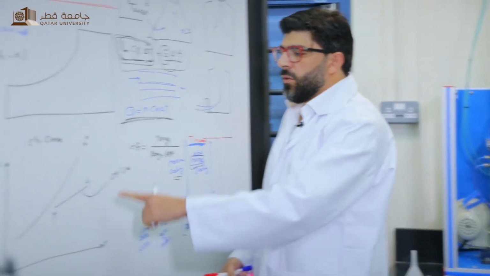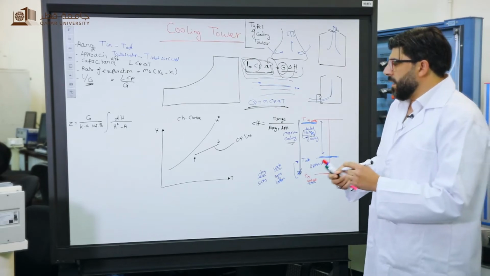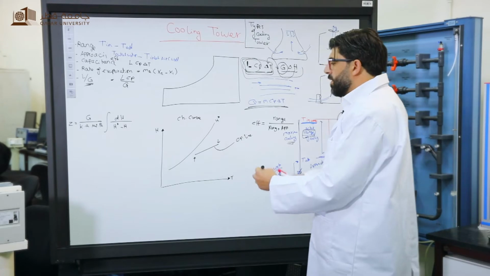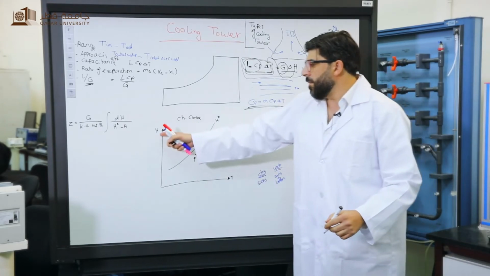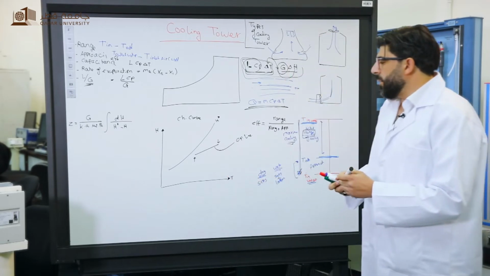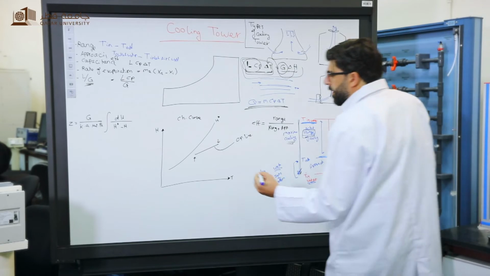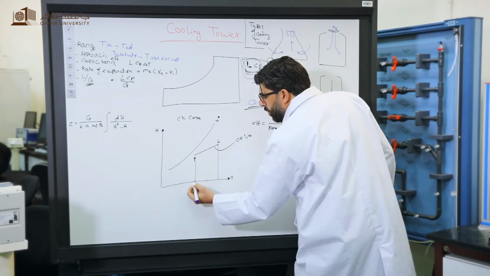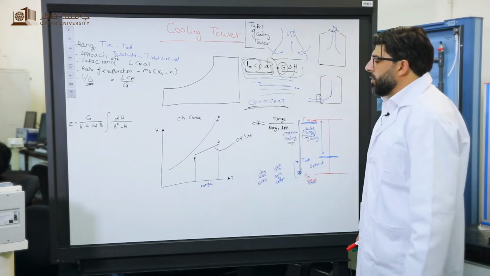And we have another curve, the equilibrium curve or saturation curve. It represents the saturation enthalpy at different temperatures. This axis is enthalpy and this is temperature. Here is the temperature of inlet water, here is the temperature of outlet water, and this is the range.